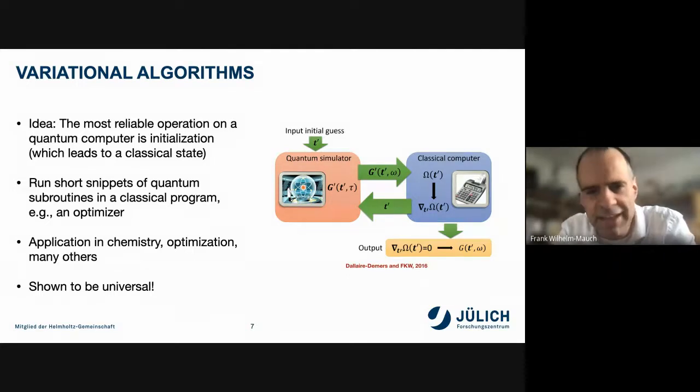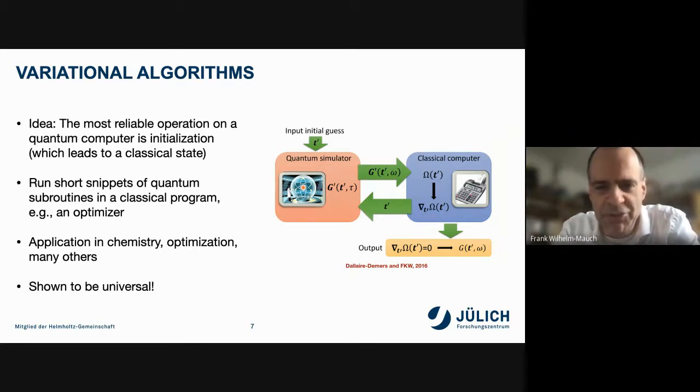So effectively, rather than running this very deep algorithm, you run short algorithmic pieces in a subroutine to an optimizer. This can be applied not only in quantum computer chemistry, but also, for example, in optimization. It's shown to be universal by Seth Lloyd, who I've just seen.